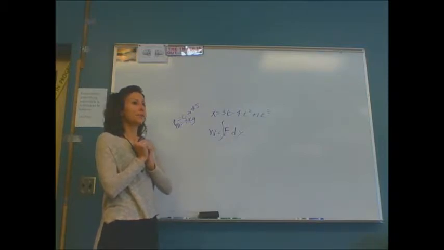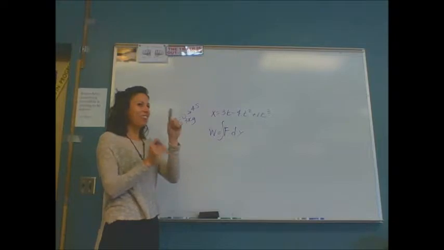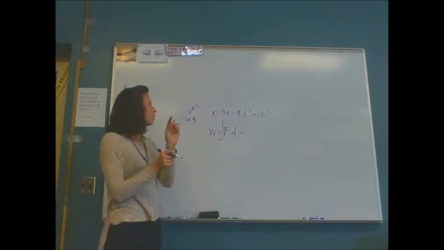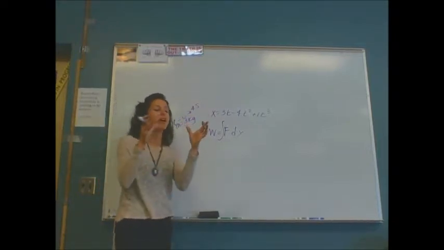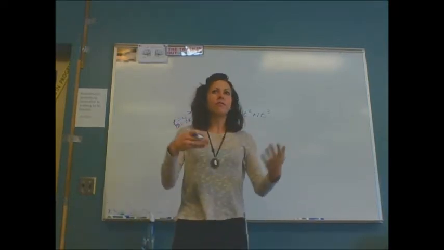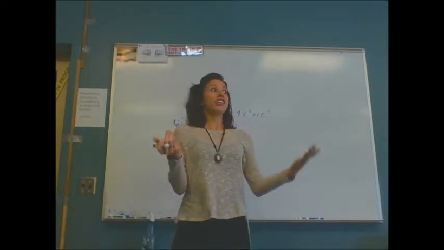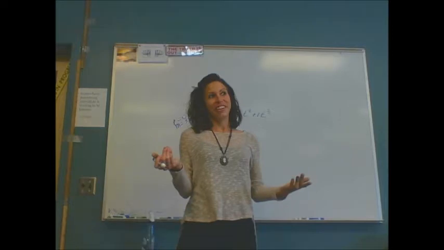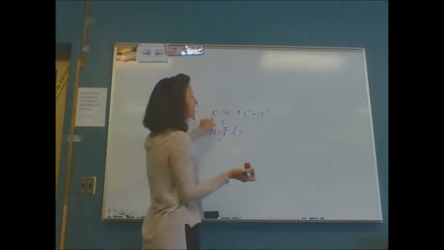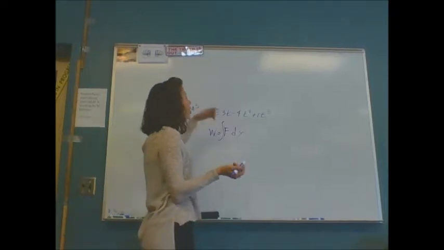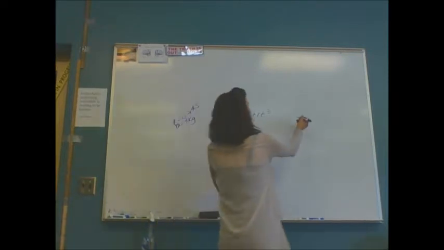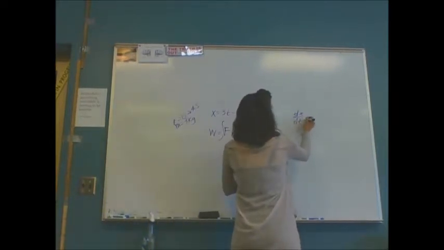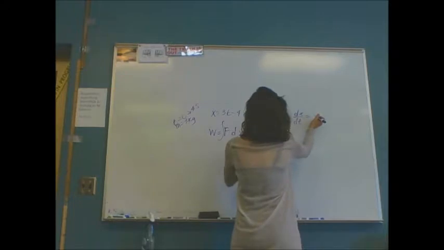So let's take the derivative one at a time, right? The first derivative of this is 3 minus 8t plus 3t squared. Then let's take another derivative, because this is equal to velocity, but what I want is acceleration. So if I take the derivative again, I get negative 8 plus 6t.